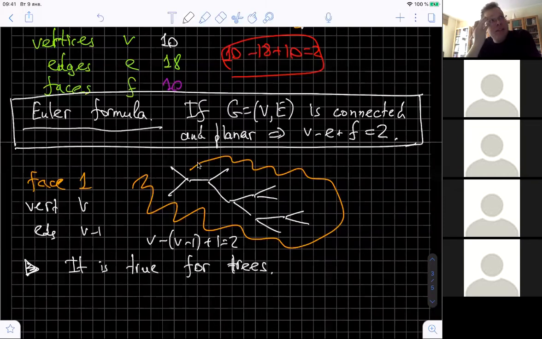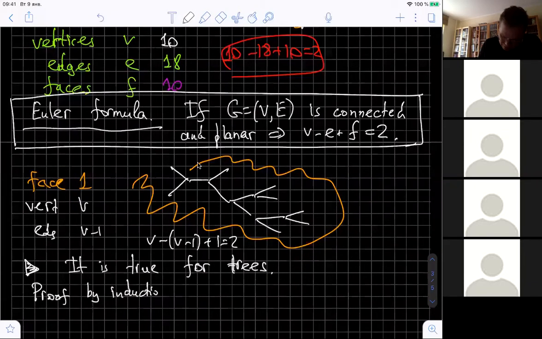But I think it is better, if we start from an arbitrary planar connected graph, to prove it by induction on the number of edges.